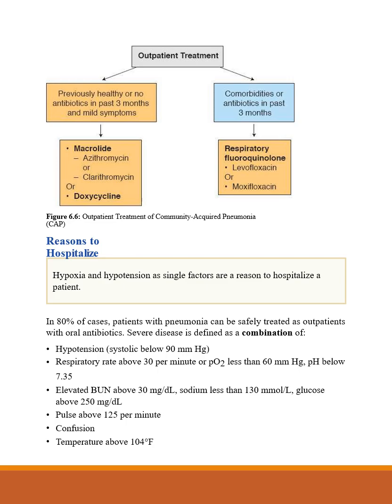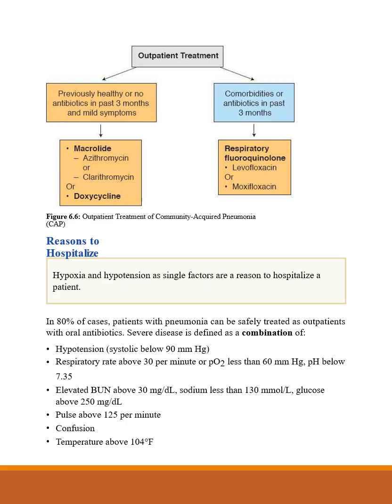Severe disease can be defined as a combination of hypotension, systolic less than 90, respiratory rate above 30 per minute, or PO2 less than 60, or pH 7.35, elevated BUN above 30, sodium less than 130, glucose above 250, pulse above 125, confusion, temperature above 104 Fahrenheit.